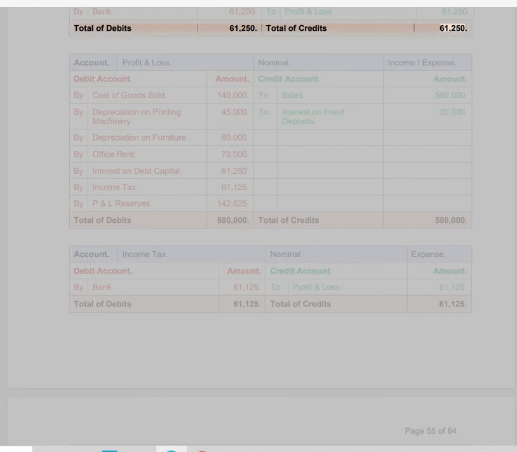Account: profit and loss. Nominal income/expense. Debit account, amount. Credit account, amount.